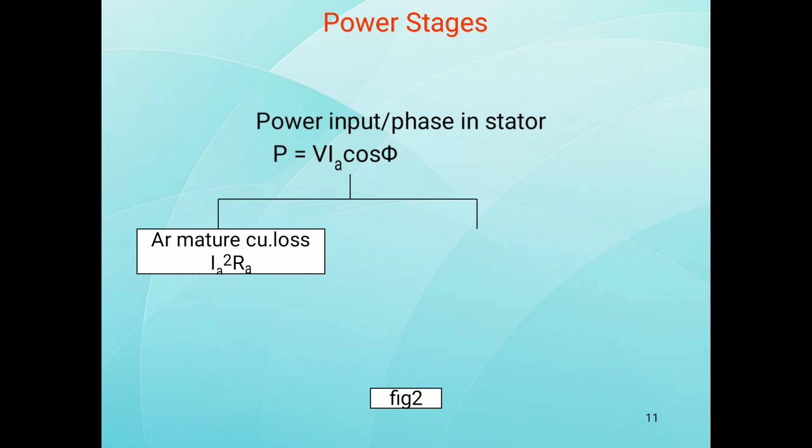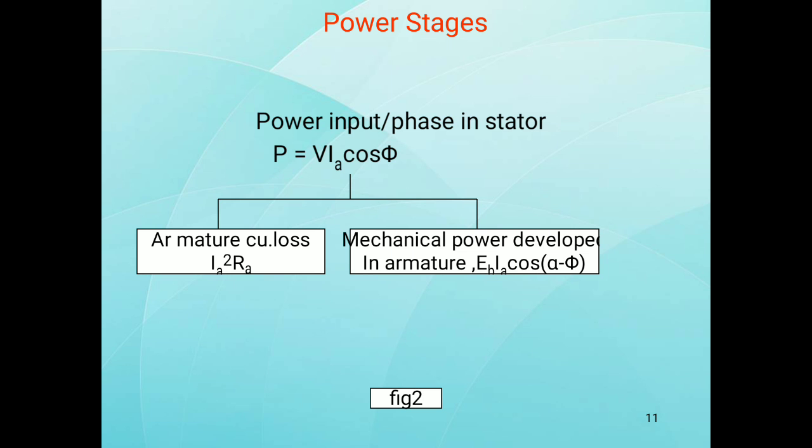This power goes to the armature copper losses, that is Ia square Ra, and mechanical power developed in the armature, that is Eb Ia cos of alpha minus phi.